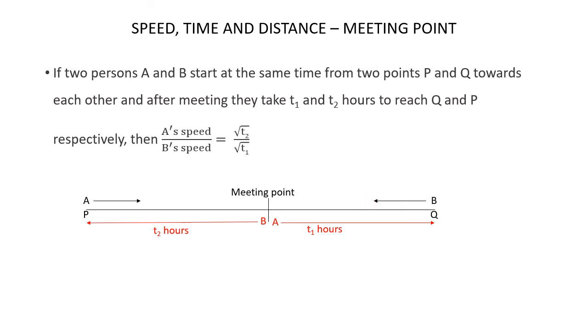They'll meet at this meeting point, and after meeting, A takes T1 hours to reach Q, whereas B takes T2 hours to reach P. Now A speed divided by B speed is equal to square root of T2 divided by square root of T1. Remember this formula to solve problems of this type in meeting point problems.